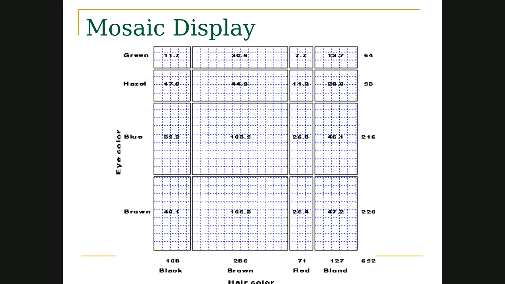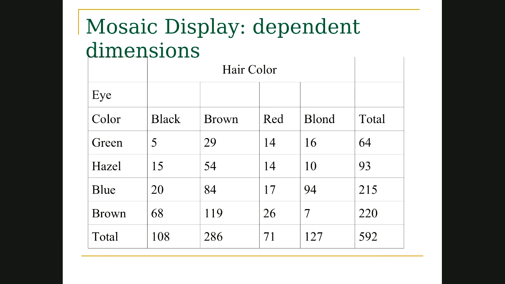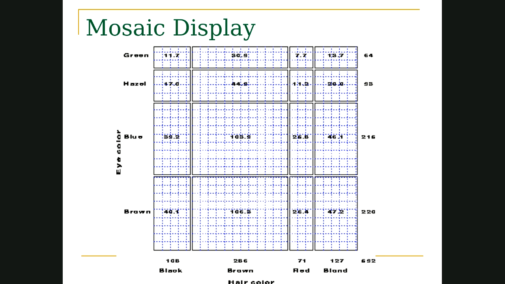Well, it doesn't work. If you do the calculations on the area for each rectangle, the total being 592, and you look at, for example, this one that I specified, the area demonstrated by that rectangle should be about 163 people, for people with brown hair and blue eyes.